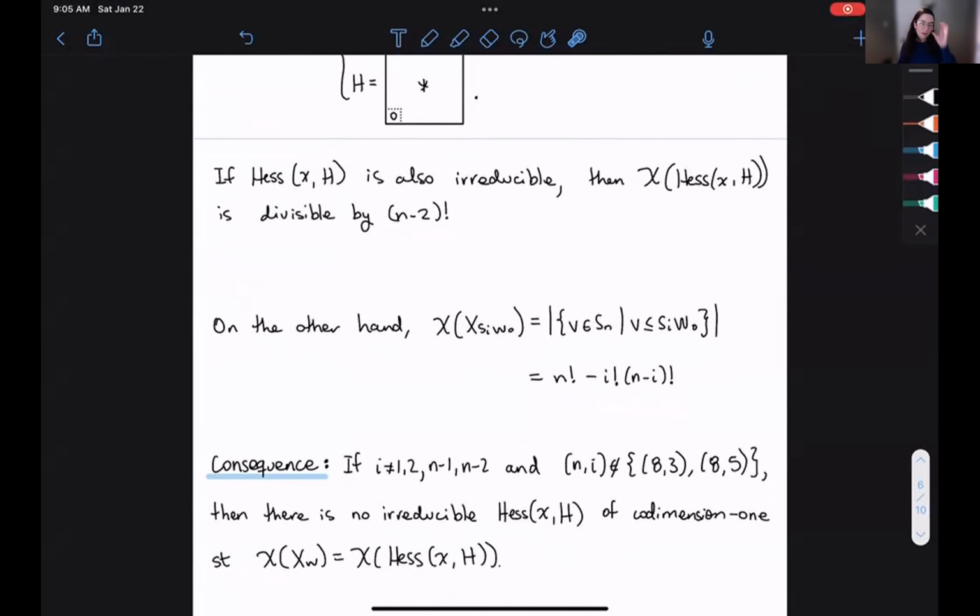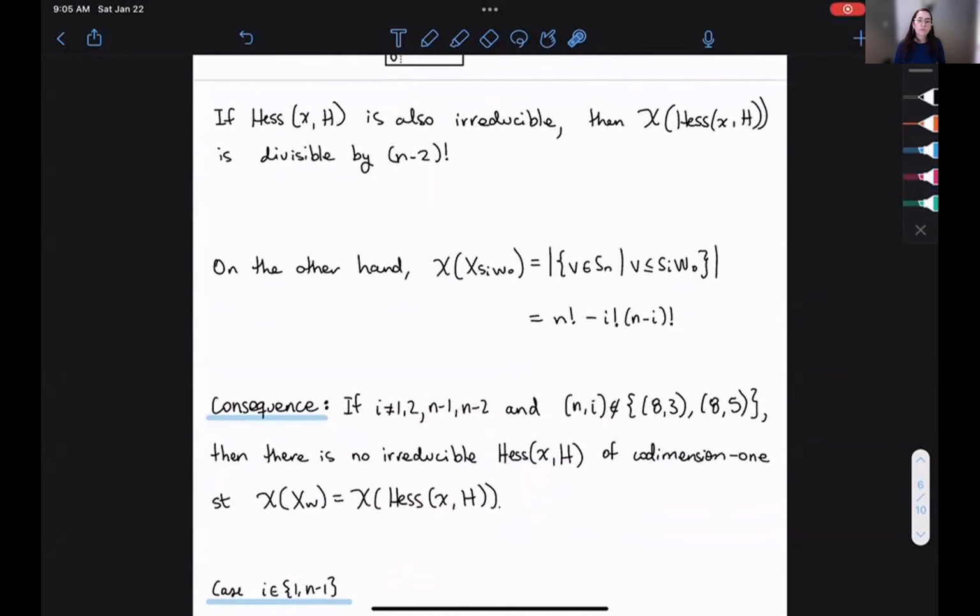Let me just read it because I'm doing complements. If i is none of these 4 numbers and (n, i) is none of these 2 pairs, then there is no irreducible Hessenberg variety of codimension 1 such that this is true. That is a consequence of when this number can divide that.